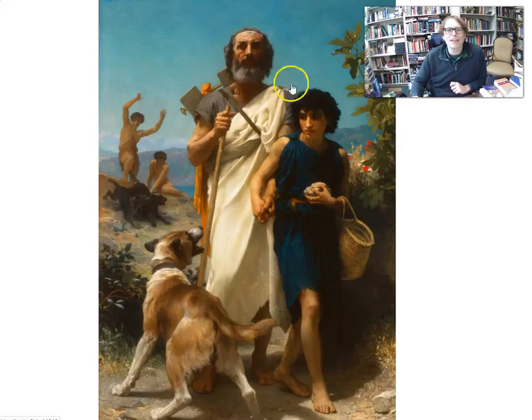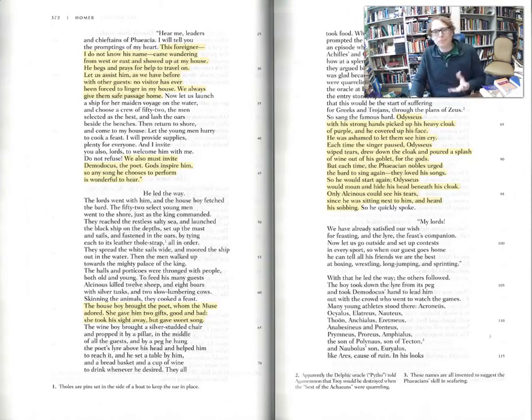There's a pride that we see in Homer, and he is being led by a young shepherd boy. There are a lot of paintings and sculptures of Homer, the blind bard, being led by a boy. So we could just as easily imagine this to be Demodocus coming to sing the stories for Odysseus, right?